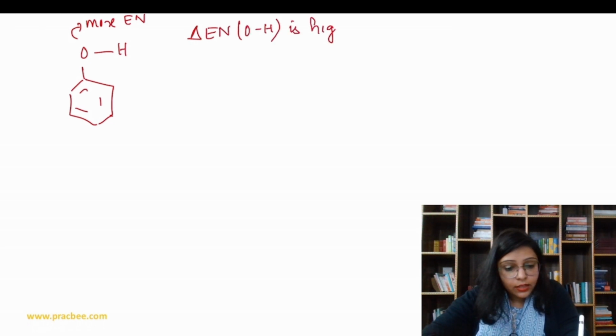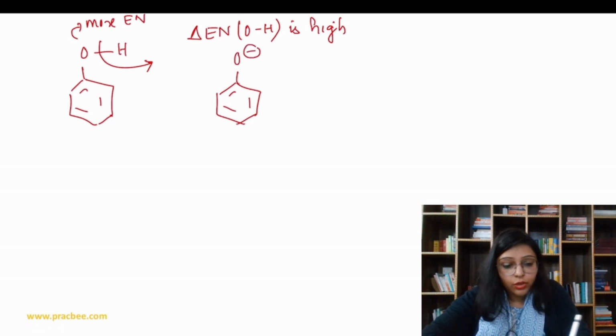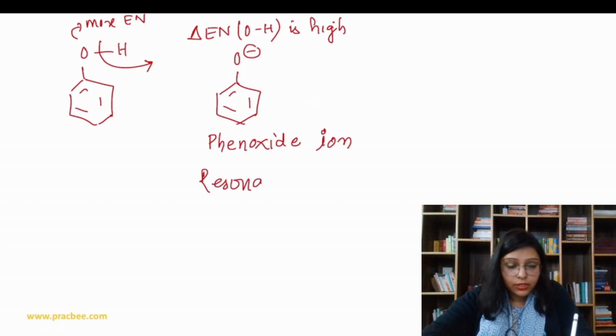So we can easily remove this hydrogen, and when we remove hydrogen, we get the phenoxide ion, which is resonance stabilized.